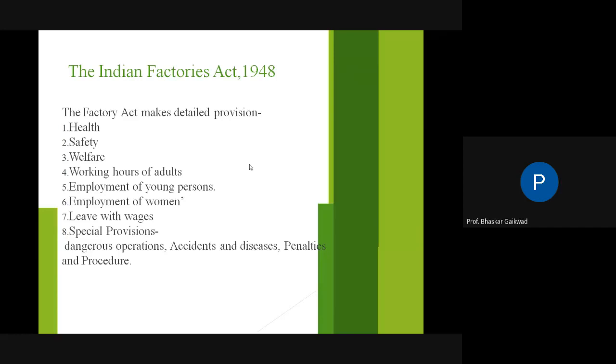Employment of women should be away from rotating parts or material handling systems. Children we can also avoid. Leave with wages system means we have to demand leave with the daily wages system. Special provisions should be there. Your working area should be away from accident and disease. If it is not there, a penalty will be imposed.